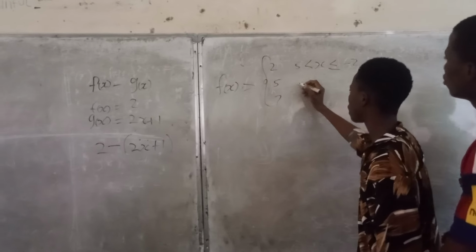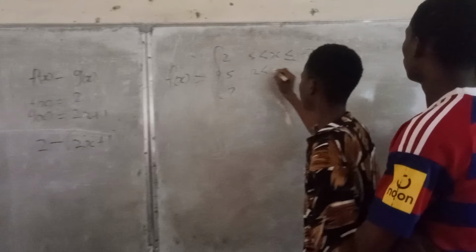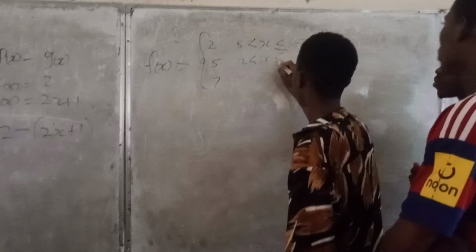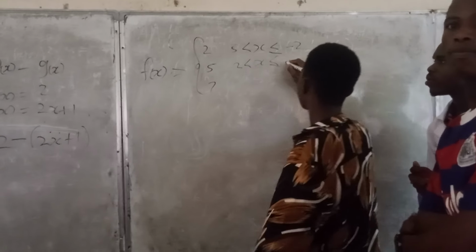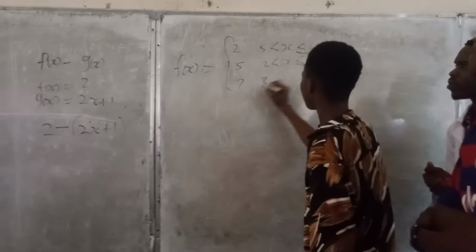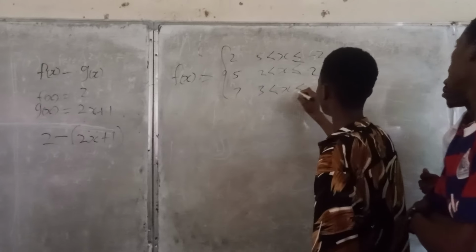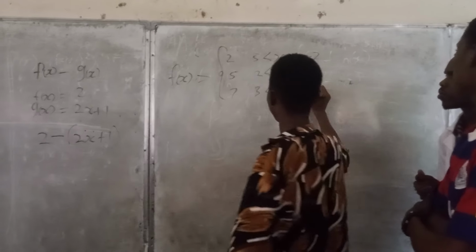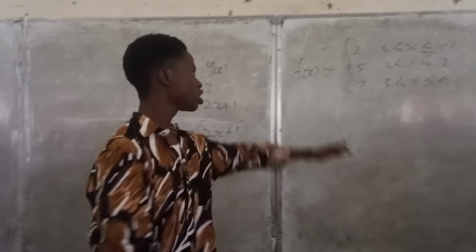Then here you can still have numbers like 2 less than s less than or equal to 3, and 3 less than s less than or equal to 4. So this is how piecewise function is presented.